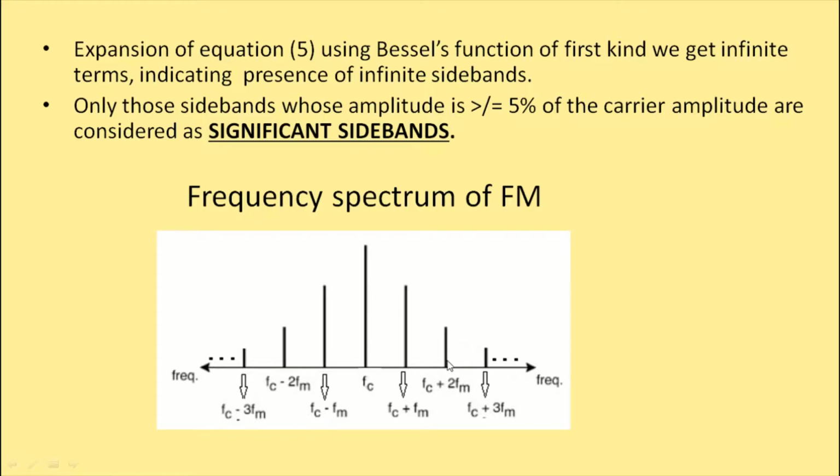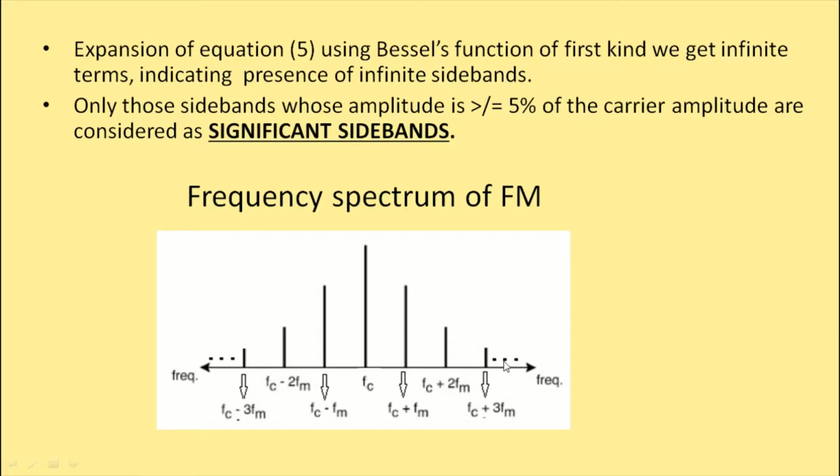Similarly, I will have the second sideband with frequency Fc plus 2Fm and its mirror image at Fc minus 2Fm, and the third sideband at Fc plus 3Fm with its mirror image at Fc minus 3Fm. So this way the sidebands keep on continuing on either side, and I will have an infinite number of sidebands. As we move away from the central carrier frequency, observe that the amplitude of the sidebands is continuously decreasing.